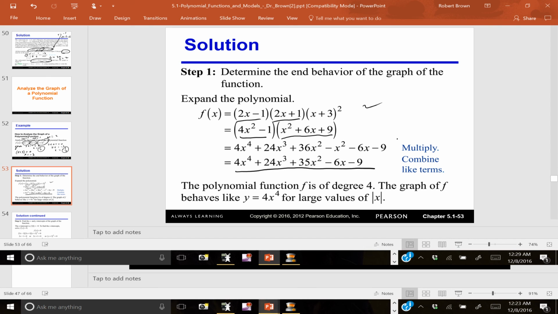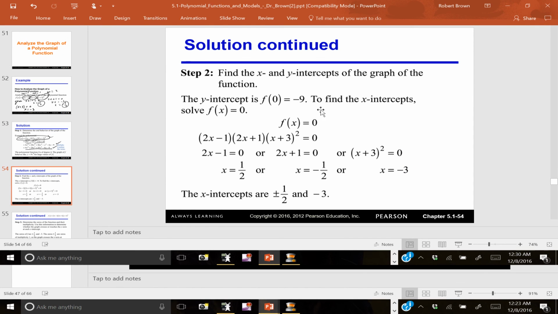Multiply all that out, and you will finally get this. Note that to graph this, you do not have to multiply it all out. We found already the x-intercepts, 1/2, minus 1/2, and x equals minus 3.